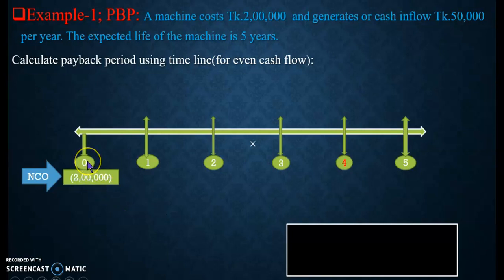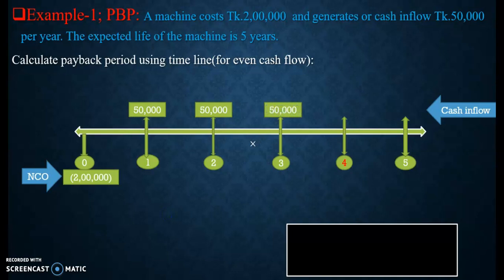Year 0 means today's investment. That means NCO is a negative figure, taka 2 lakhs, spending our capital, and it generates cash inflow in the first year taka 50,000, second year taka 50,000, third year taka 50,000, fourth year taka 50,000, and also fifth year taka 50,000. That means this problem has even cash flows because all cash inflows are equal.